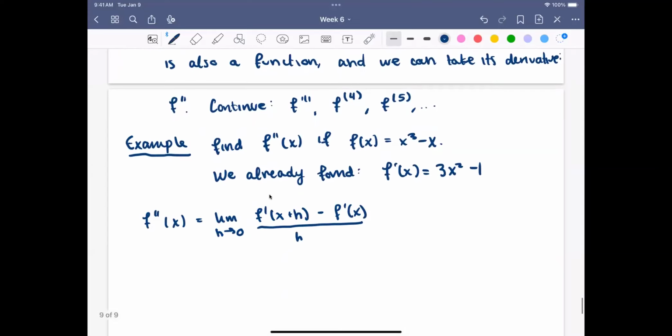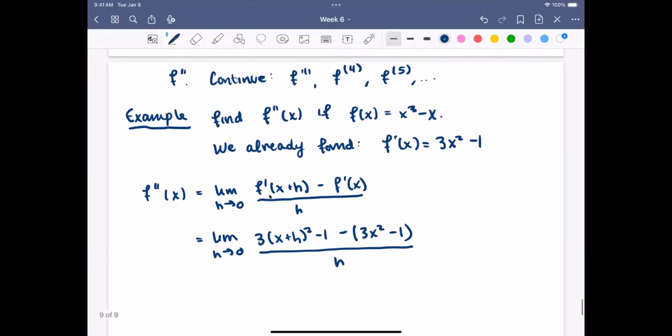So we'll just do this. We'll take the limit as h approaches 0. I'm just going to plug in x plus h into f prime of x. So we get 3 times (x plus h) squared minus 1. And then we're subtracting f prime of x as well. So we get 3x squared minus 1, divided by h.